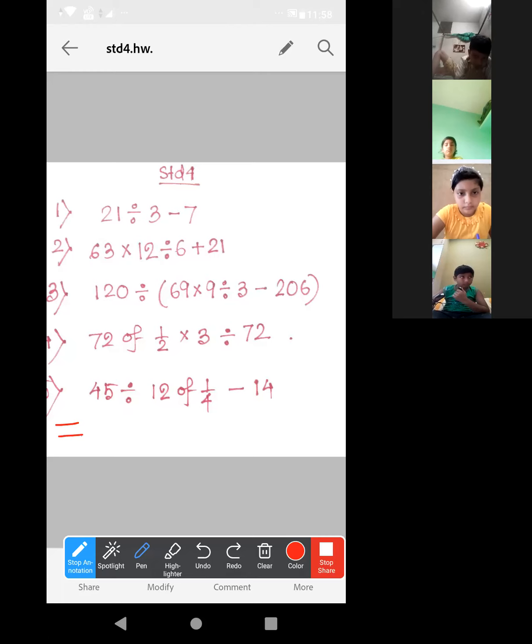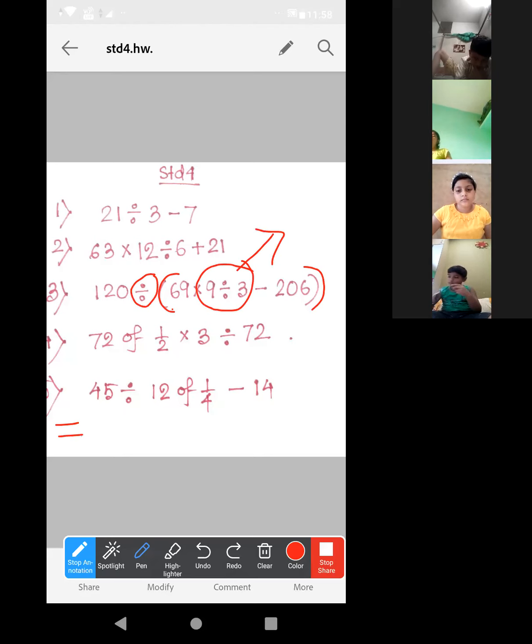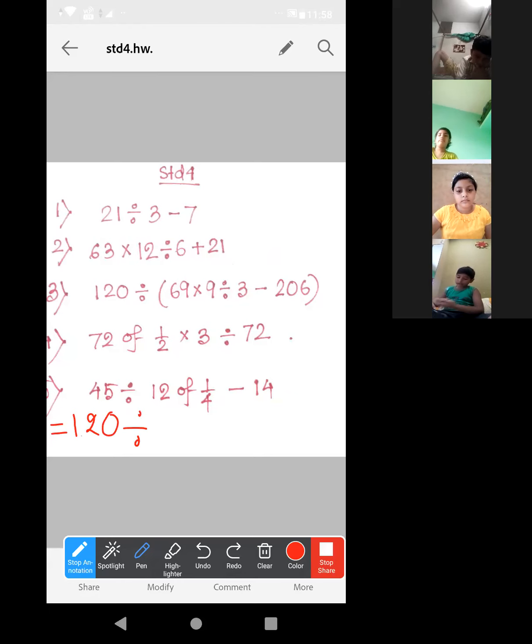Now look at this. This division we'll do later. Why? Because this is in bracket. So we will have to calculate the division which is in bracket first. Got it? So what to do? Look, 120 divided by, in bracket, first this division.